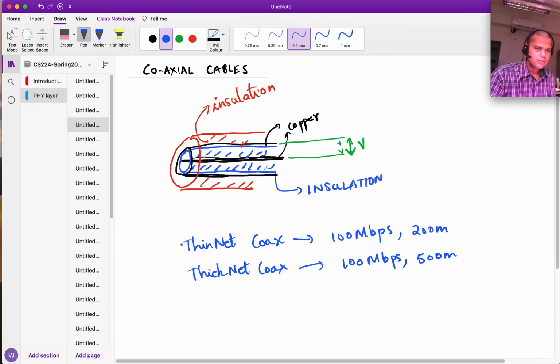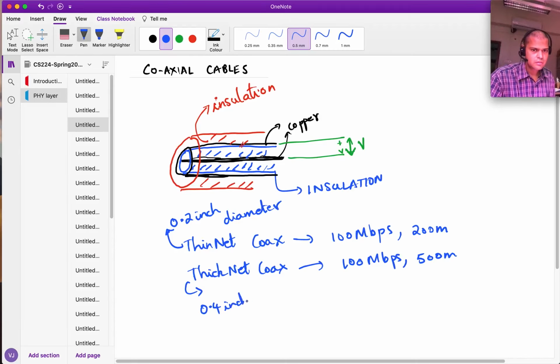And it's called thin because the cable is thinner. It's 0.2 inch diameter, and this one is thicker. So the insulation is much better over here, right? Which is why it's much thicker, which is why you're more immune to noise and interference and so on. So you can get the same data rate at a longer distance.